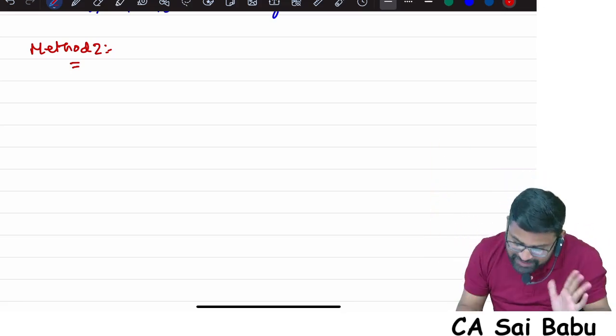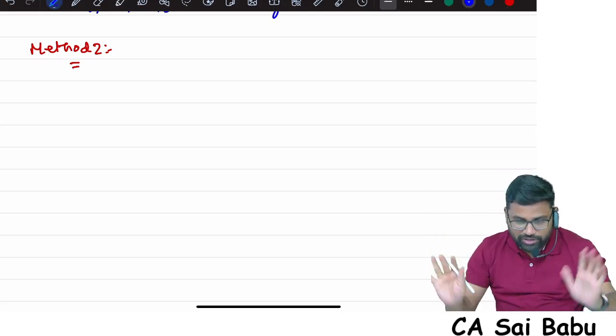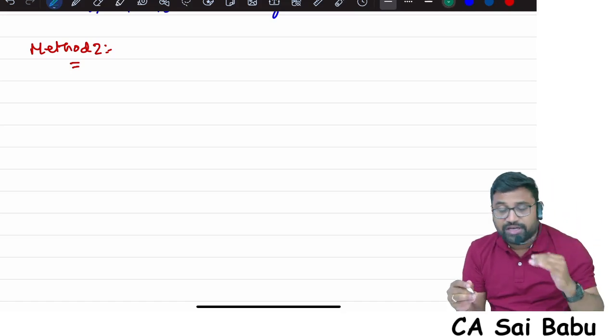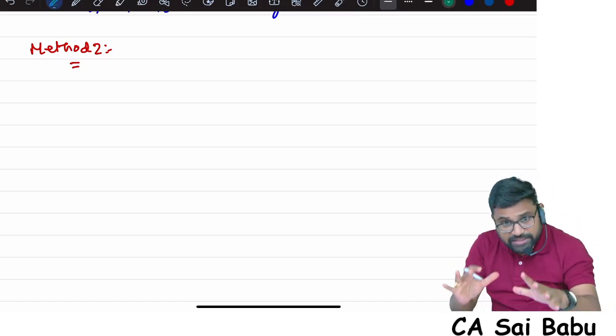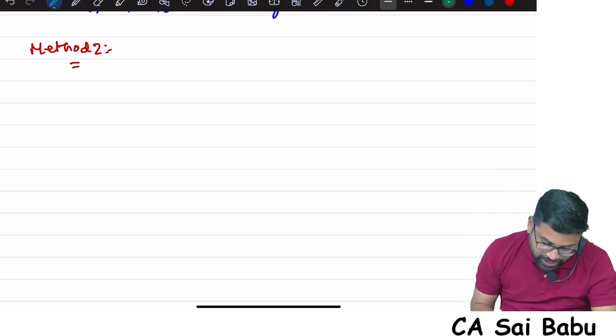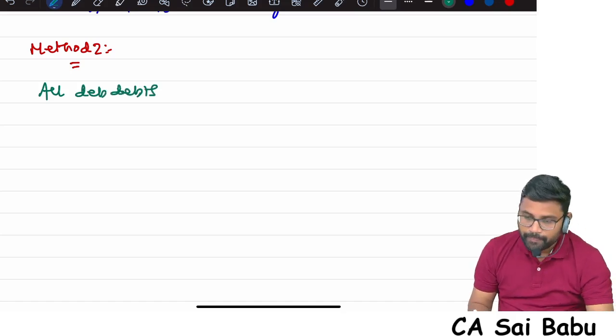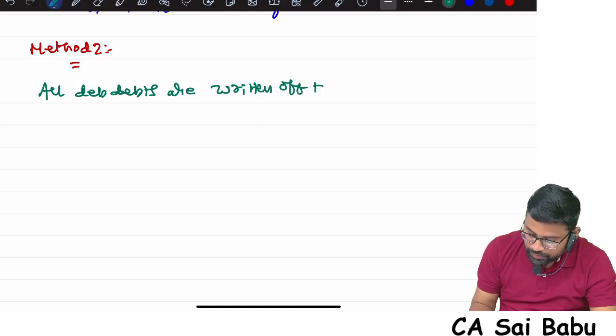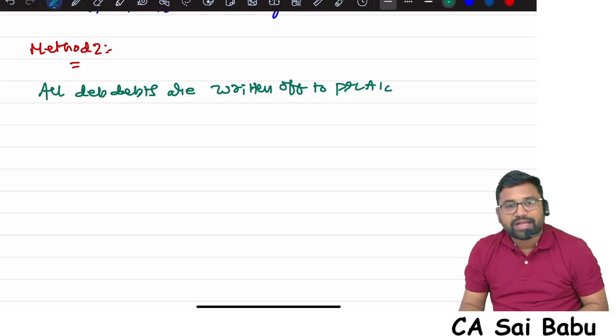Very simple, not at all difficult. Actually, most of the students are finding it difficult. That's why I'm explaining in detail. Please observe carefully. Here you need to write down: all bad debts are written off to P&L account at the end of the year.